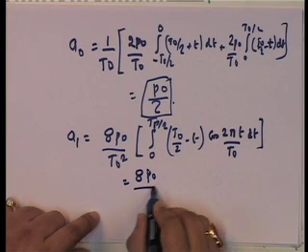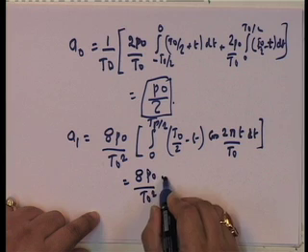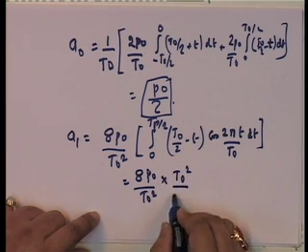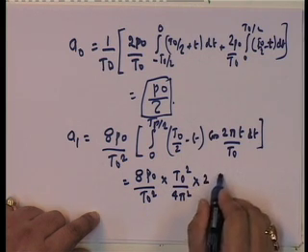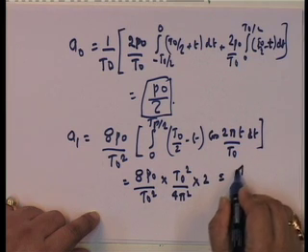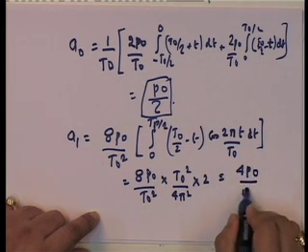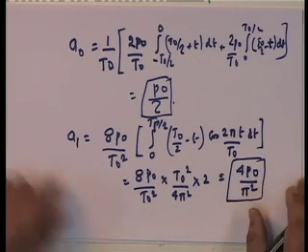It is going to be 8 P naught T naught squared. If you don't know how to integrate, just go through the process. Okay. T naught squared upon 4 pi squared into 2. So, this becomes essentially 4 P naught upon pi squared. That is A 1. Okay.